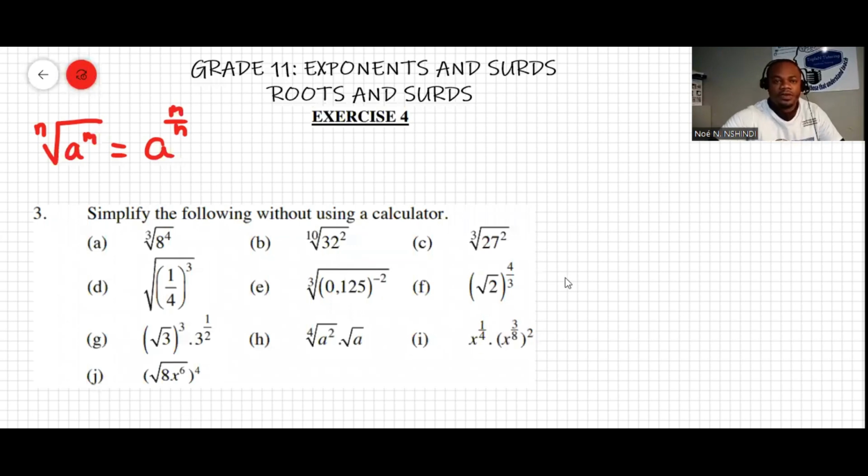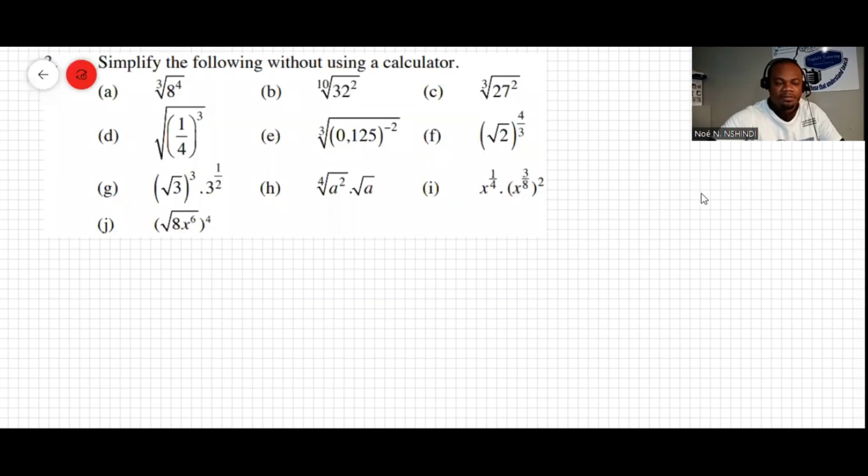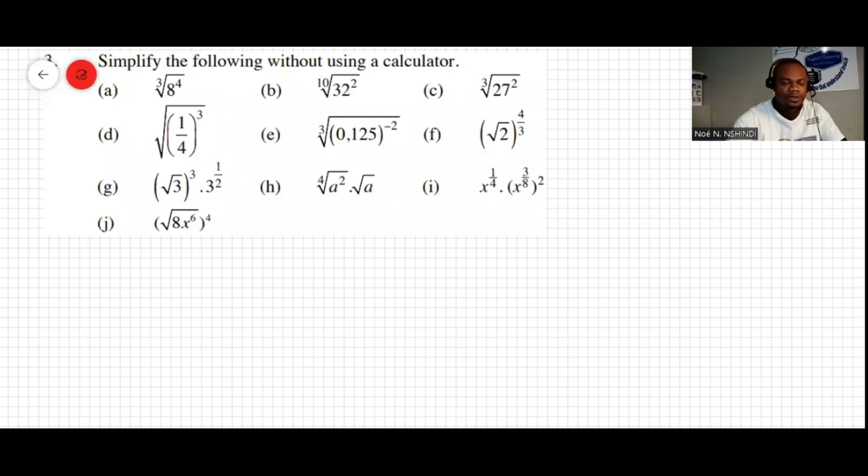Well, we have another question here, question 3, that says simplify the following without using a calculator. So question a says the third root of 8 to the power of 4. 8 itself is a cubic number, so I'll write 8 as 2 to the power of 3.